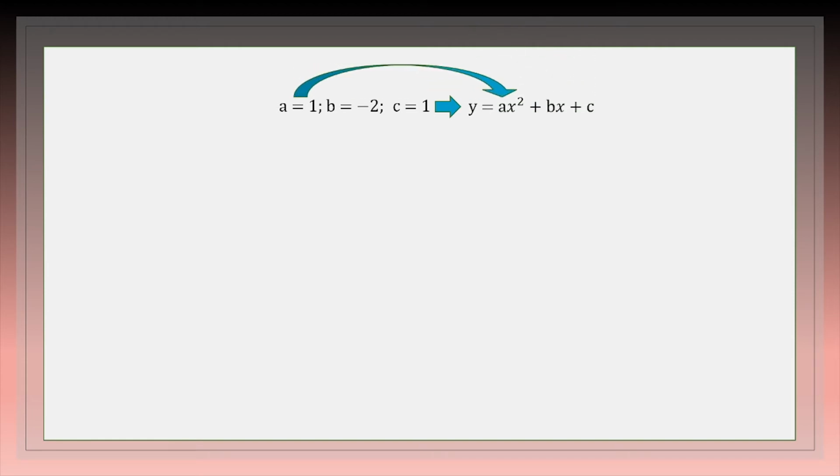Okay, so y is equals to the value of A, which is 1, times x squared. So it will become y is equals to 1 times x squared. Then, substitute naman natin yung b, which is negative 2 times x. Then, substitute na natin yung ating c, which is 1.